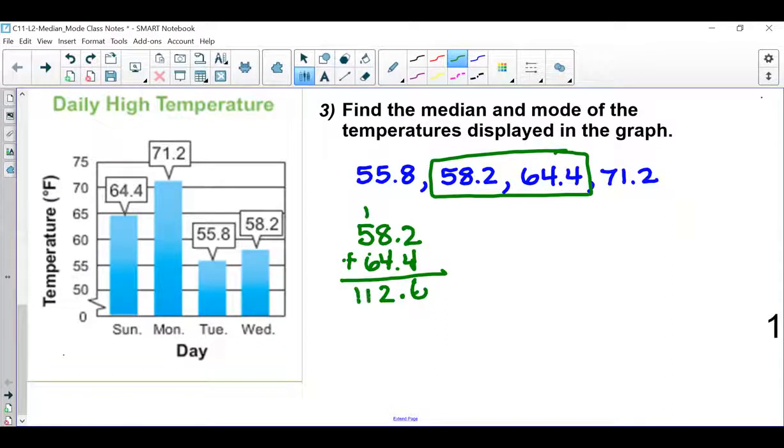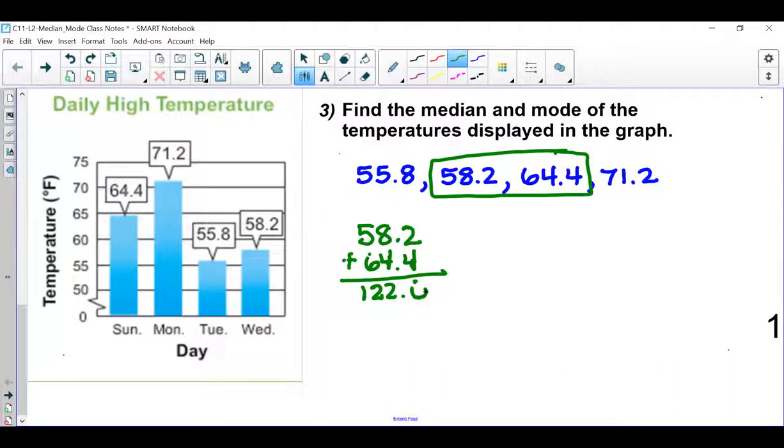You guys get 122.6? Yeah, 122.6. Thanks, guys. 122.6.